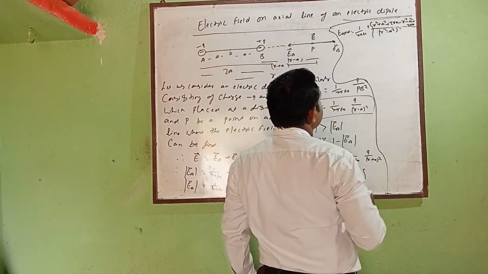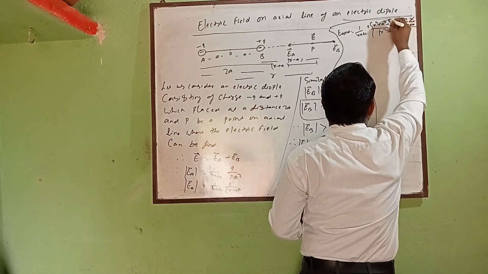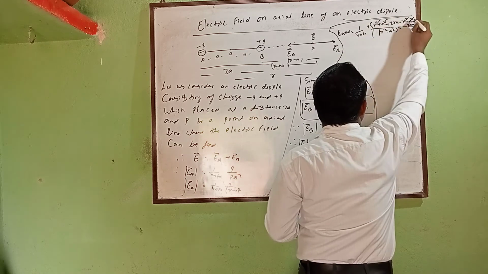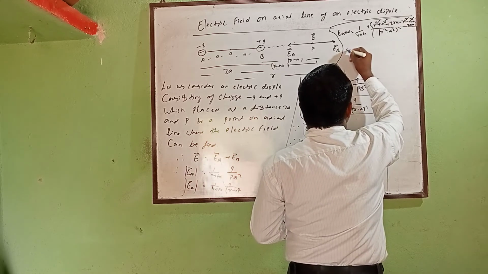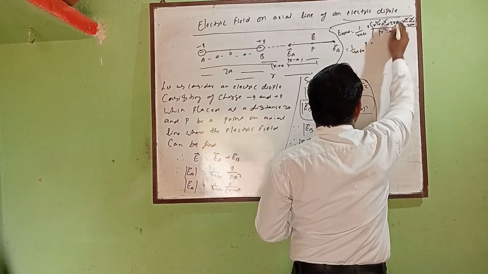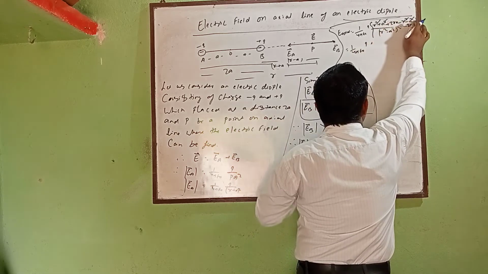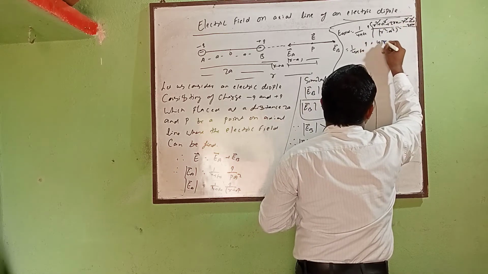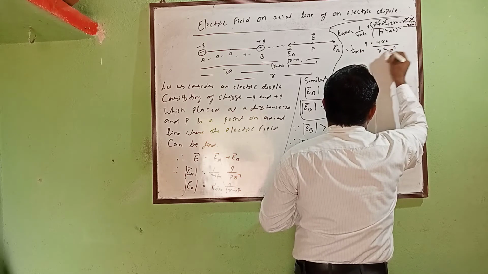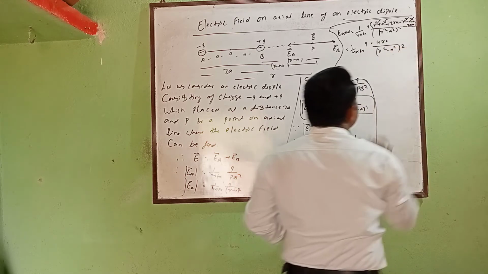This A square and A square cancel out. Okay, here R square and R square will cancel out. Is it clear? So you can write 1 by 4 pi epsilon naught Q into, here will be 2RA and here 2RA. So here will be 4RA divided by (R square minus A square) whole square.